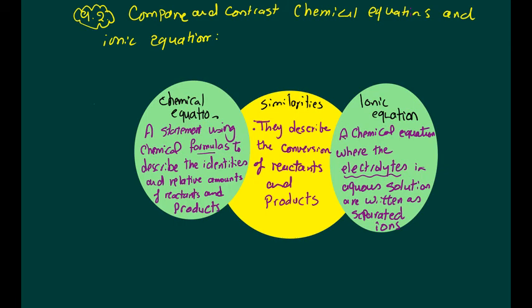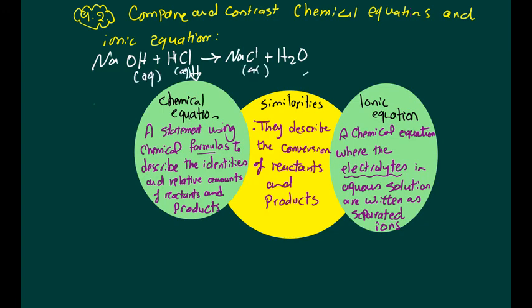Like if I say for a chemical equation, sodium hydroxide reacts with hydrogen chloride to form sodium chloride and water. This is a chemical equation. If I need to change it into an ionic equation, you need to change all aqueous solutions into ions. And this is the ionic equation. So you will change sodium hydroxide into sodium positive ion and OH negative ion, plus HCl into hydrogen positive ion and Cl negative ion.